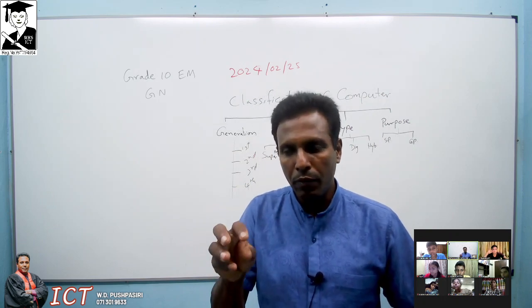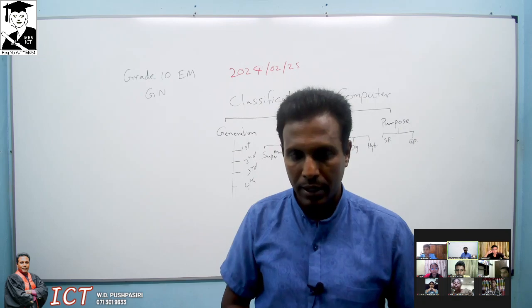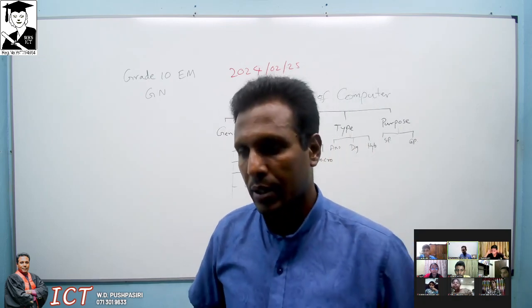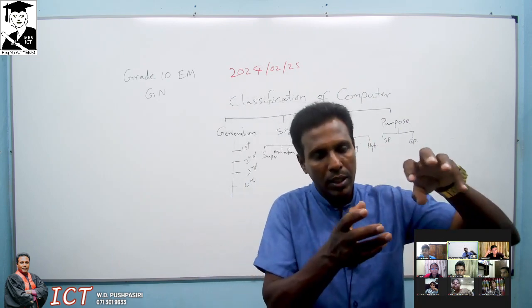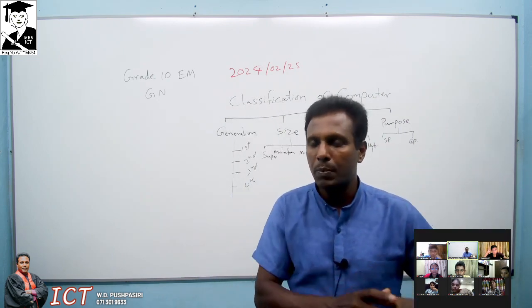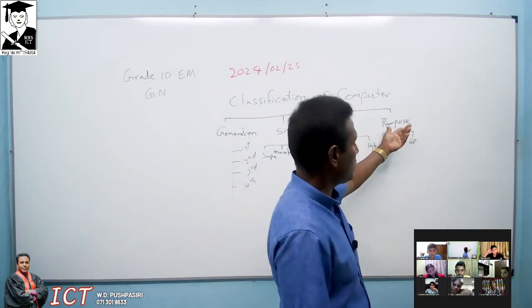Computers used for many purposes, not only one, we call general purpose computers. Whereas if you use a computer specially for one purpose, we call it a special purpose computer. That's all.